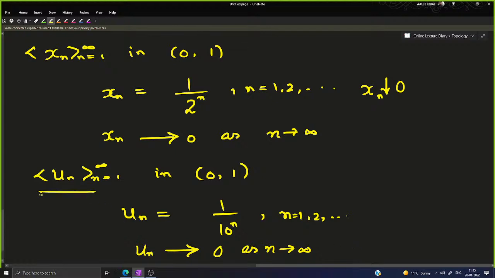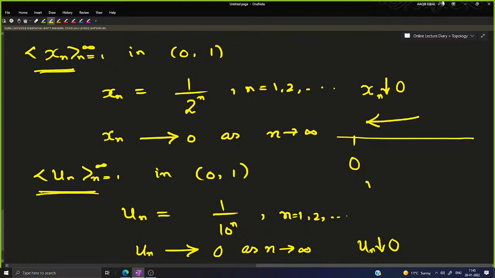This sequence of un's is a monotonically decreasing sequence which converges to 0. Same is the case here. So that means these points un's and xn's are marching towards 0. They are coming towards 0.